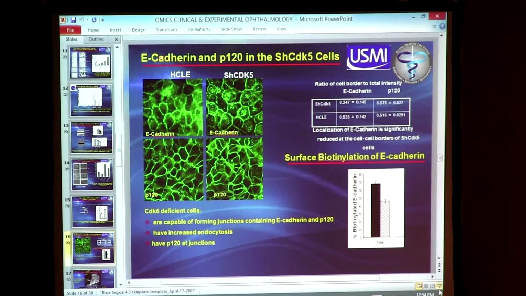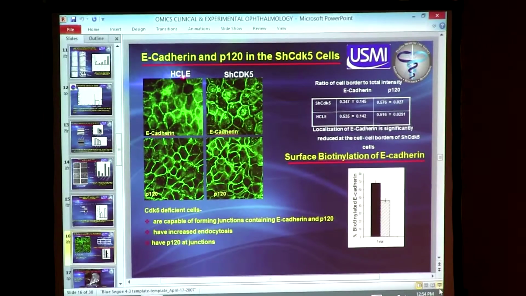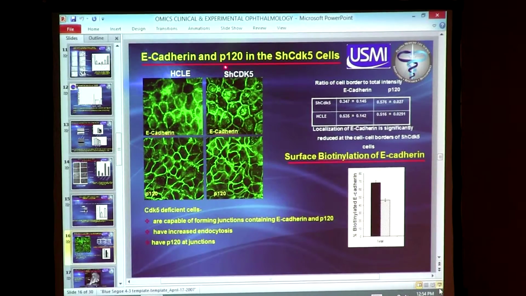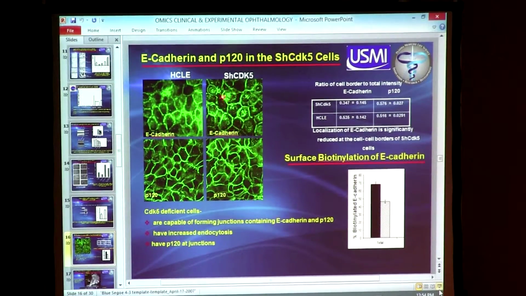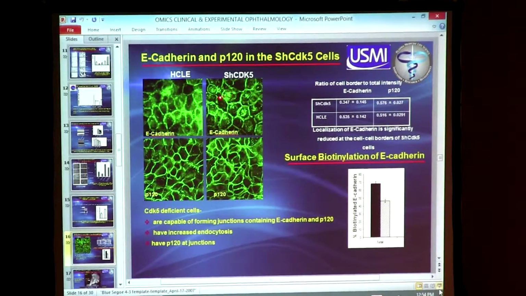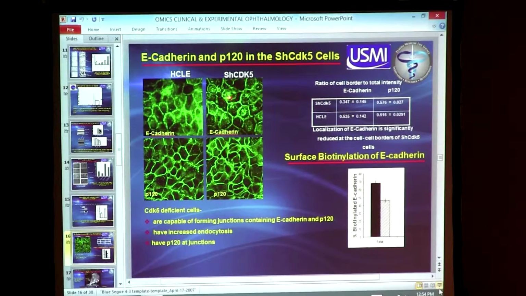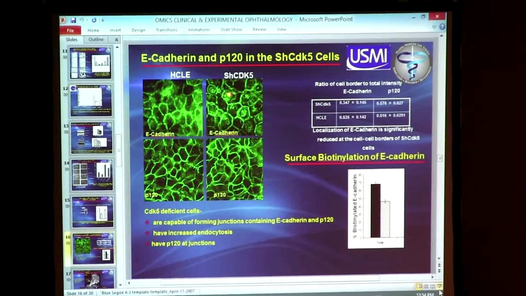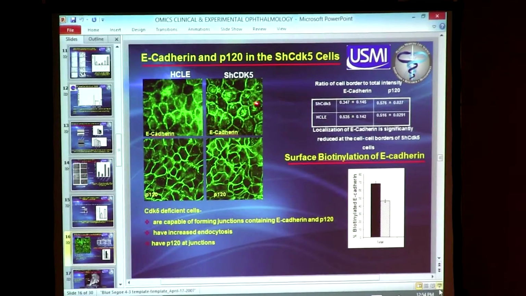This is a slide that shows E-cadherin, and P120, which is another catenin involved in cell-to-cell adhesion. We stained these cells, the normal HCLE cells, and these cells devoid of CDK5. And as you see in the Sh CDK5 cells, there are punctate particles of E-cadherin that are internalized in the cytosol.